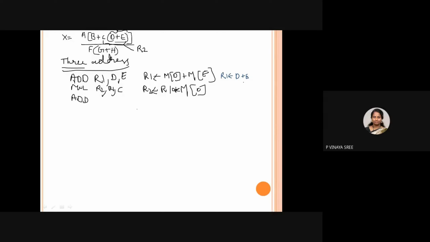Is there any need of D plus E now? No. The entire result is combined and stored in R2, so I can override the data. So R1. Yes, very good.